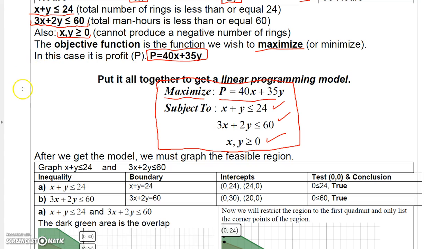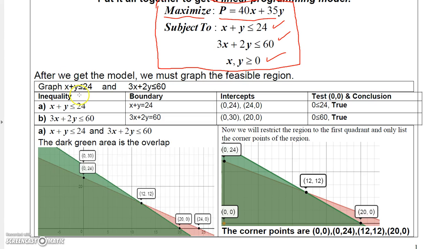Well, then the next step is to solve this problem by the graphing method. So to solve this, we need to graph x plus y is less than or equal to 24 and 3x plus 2y is less than or equal to 60, and find where they overlap. So we've done this before earlier in this chapter.